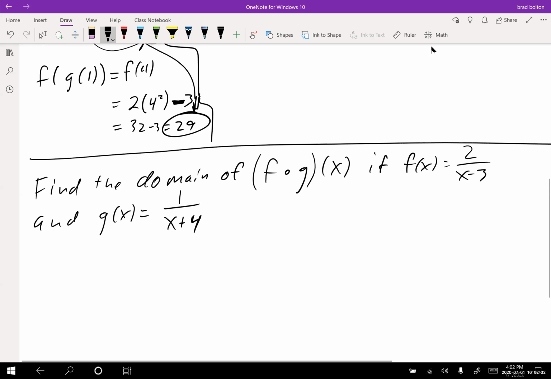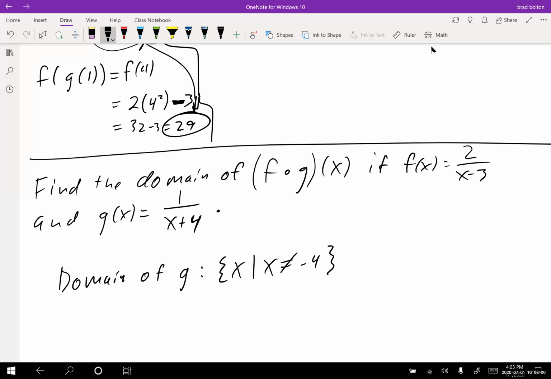Now the thing is that when you're finding the domain, you got to be a little bit careful. So what we should do first is find the domain of g. So the domain of g is x such that x cannot equal negative 4.